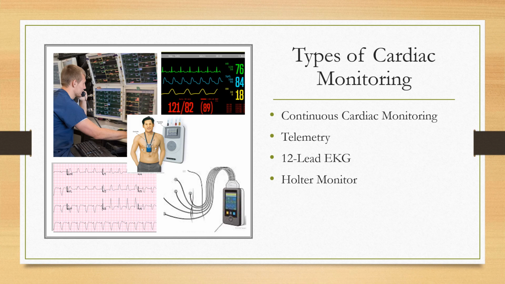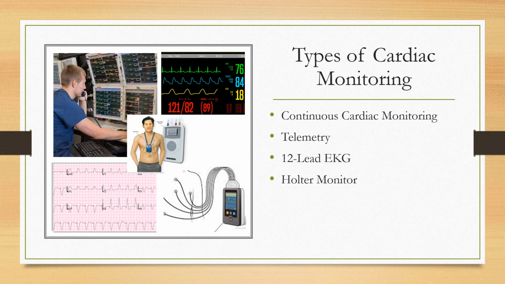Now, if someone goes home with a Holter monitor, we tell them just to go about their regular day. Do whatever you do on a regular day. Don't stay in bed, and don't do things that you usually wouldn't do. We're going to try and catch the abnormal rhythm on the monitor.